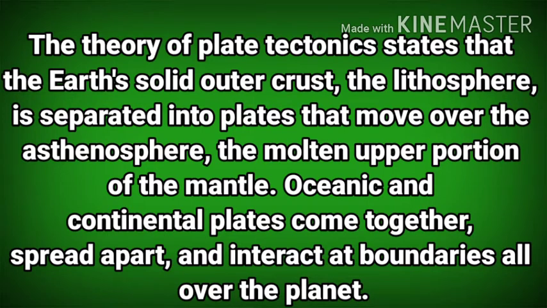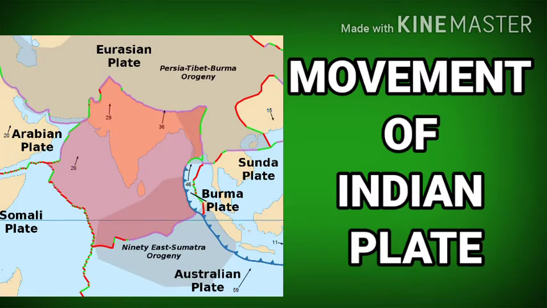You have studied the theory of plate tectonics and the boundaries of plates. You have also studied the rates and the forces behind the plate movement. So now let's move to our next major topic of today's video.